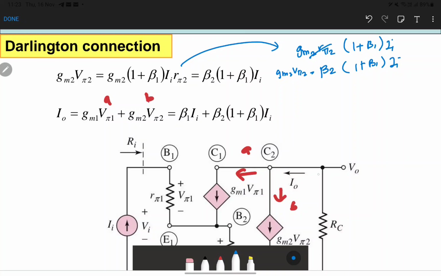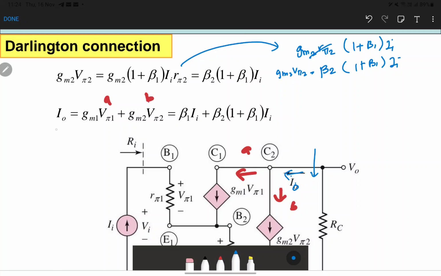Now we can compute our total output current at these junctions. So we call it I out. I out is the current that will go out at point A and the current out at point B. At point A we have current gm1 V pi 1, and at junction B we have gm2 V pi 2.